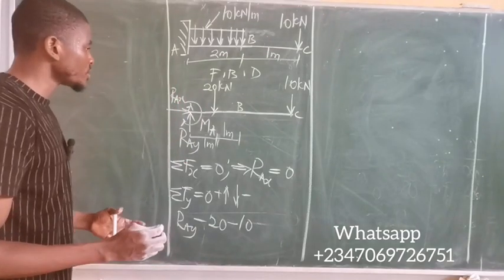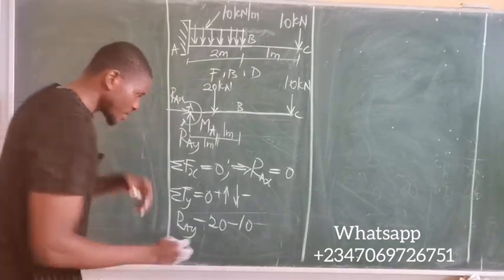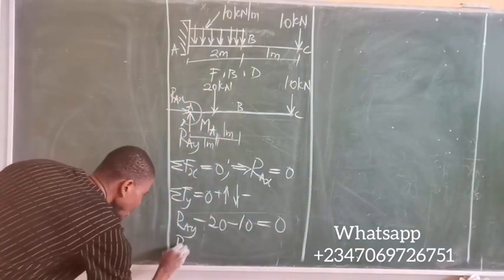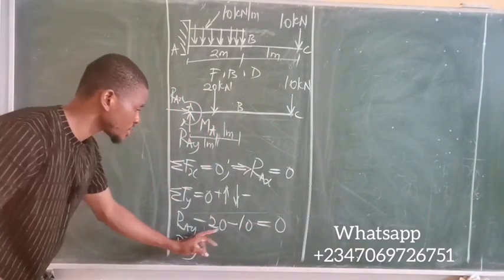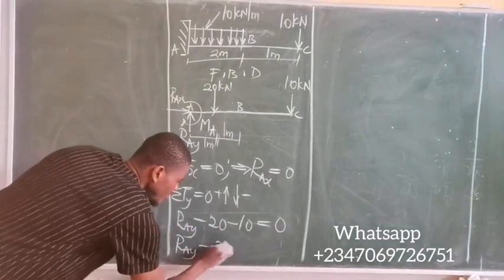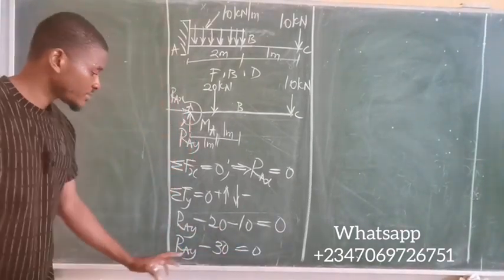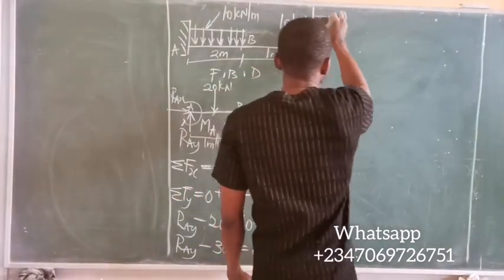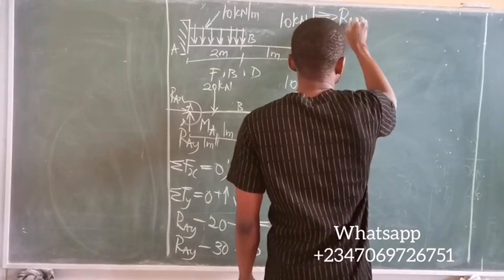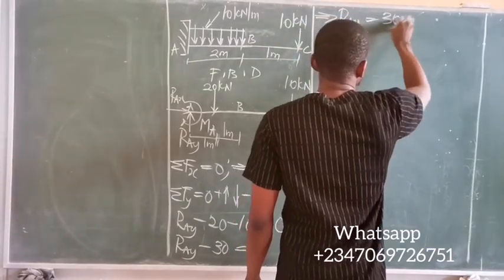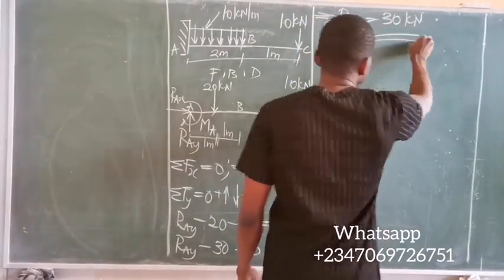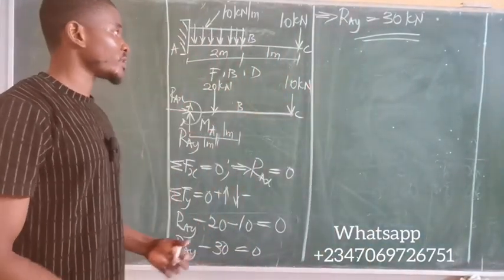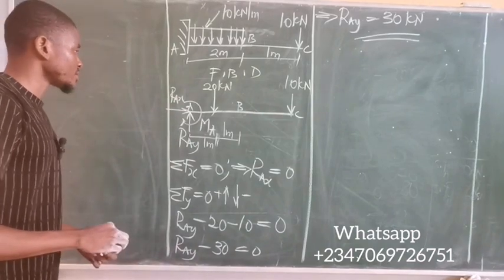Of course, RAY minus 20 minus 10 is minus 30, and that's equal to 0. Sending minus 30 to the other side of the equation, RAY is equal to 30 kilonewtons. The negative sign crosses the equal sign and becomes positive.